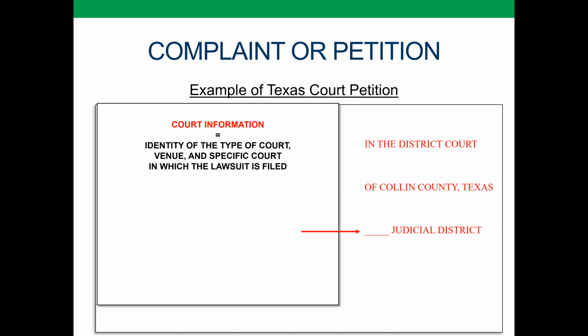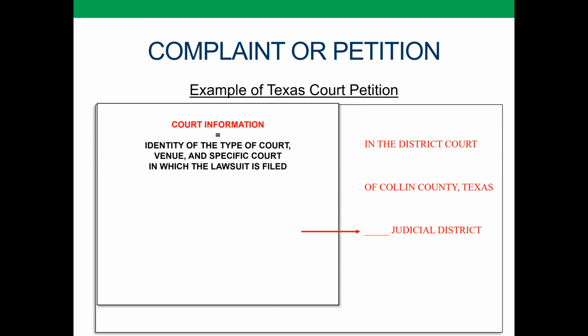So if you're in that situation, as this example petition is, where you are filing in a large county with multiple district courts, then you won't know which of those district courts your case will be assigned to until you file the petition and the court clerk assigns your case to one of them.